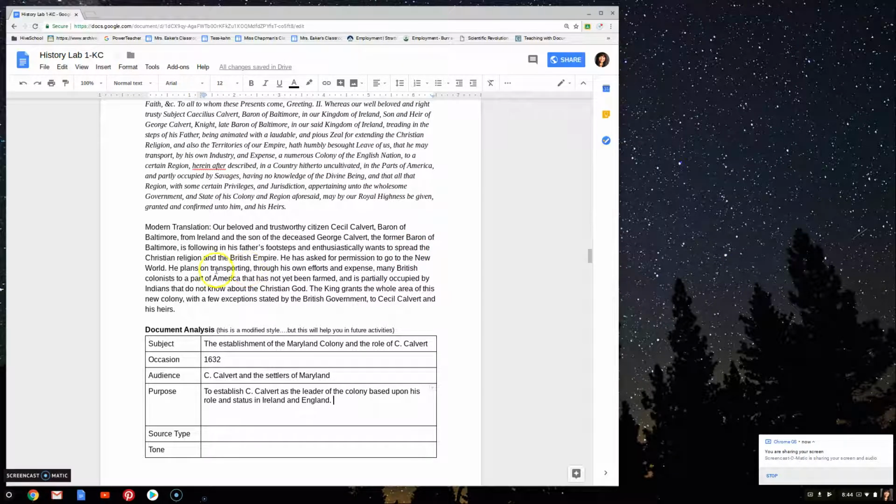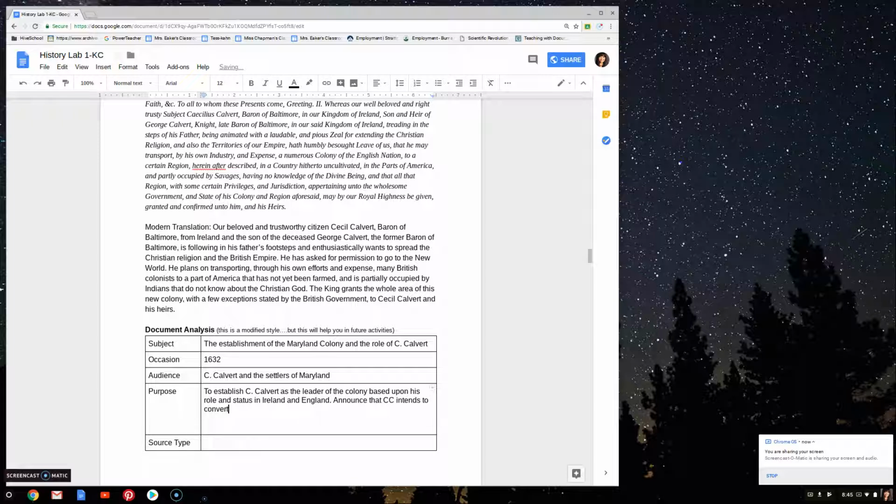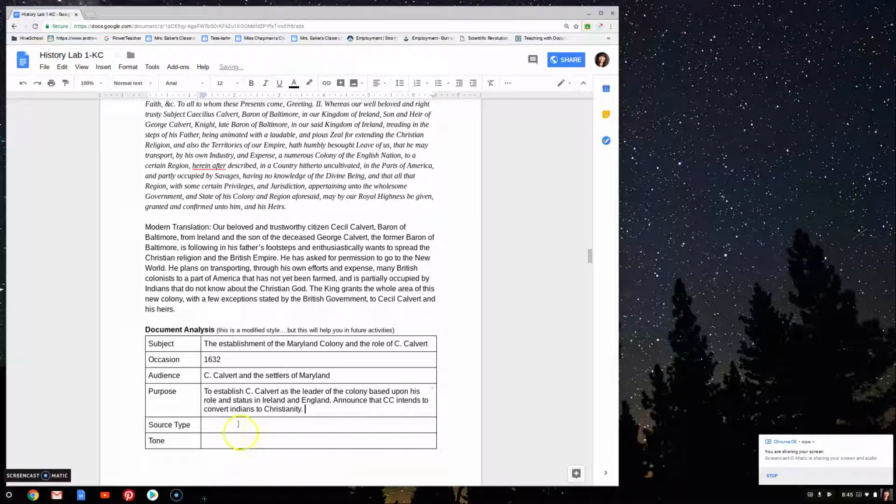He plans on transporting, moving by himself and paying for it, colonists to this new unfarmed area that's partially occupied by Indians that don't yet know the Christian God. He's following in his father's footsteps and enthusiastically wants to spread the Christian religion. So the purpose of this is to also announce that Cecil Calvert intends to convert Indians to Christianity.